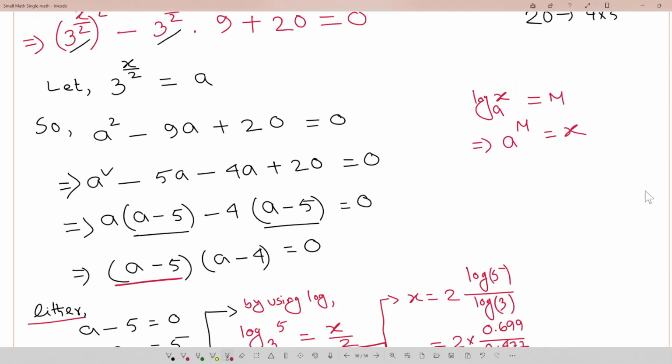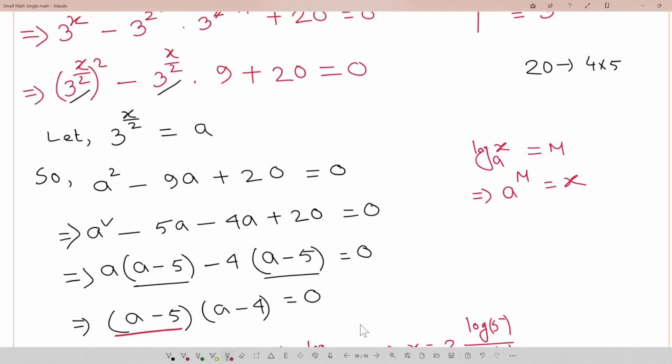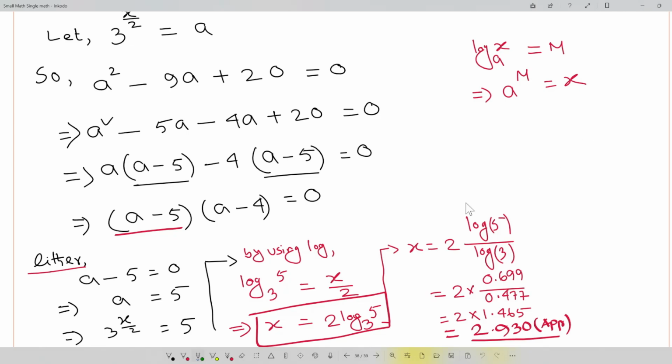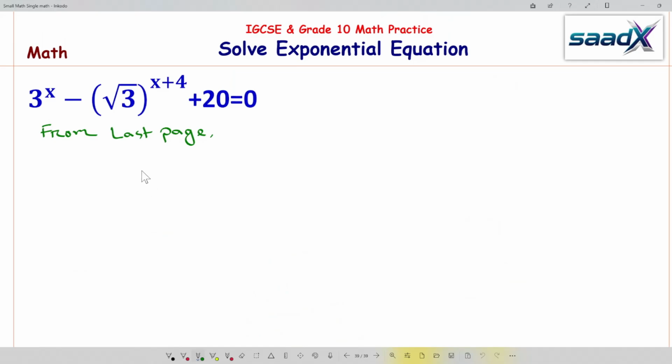So what about a minus 4? Now we will find the value from a minus 4. From the last page, a minus 4 equals 0, so a equals 4. And a means 3 to the power x by 2 equals 4.